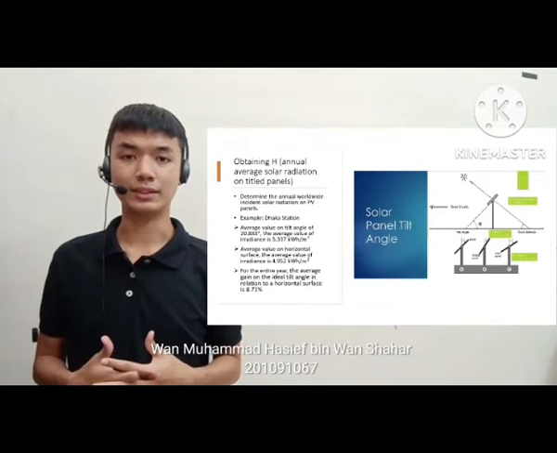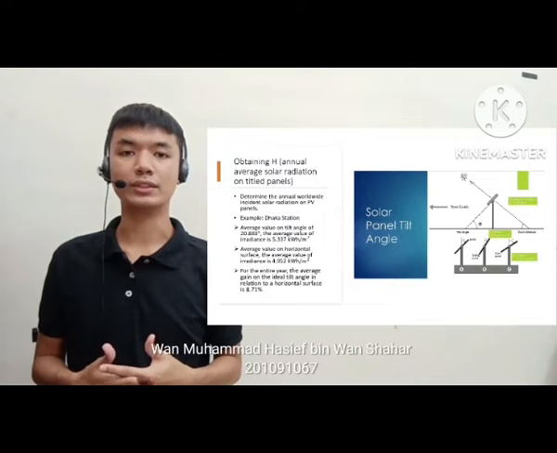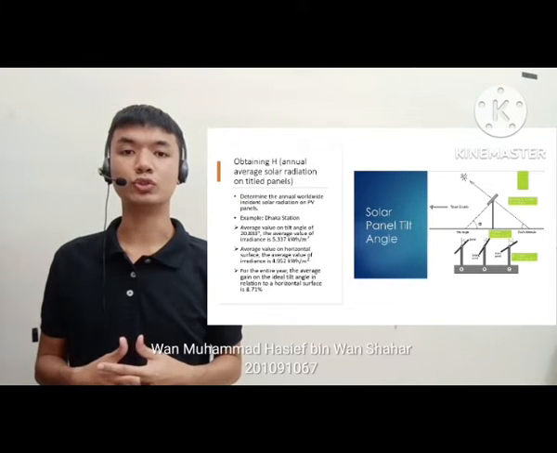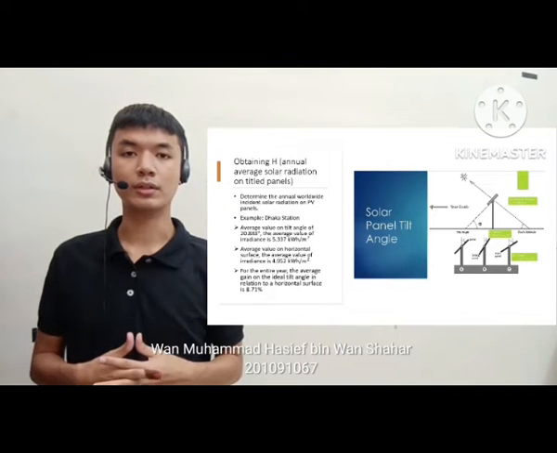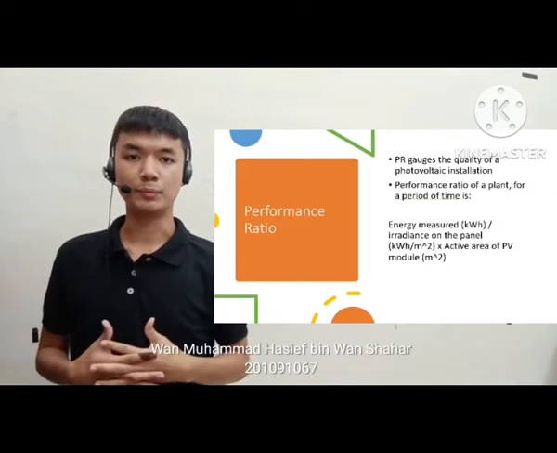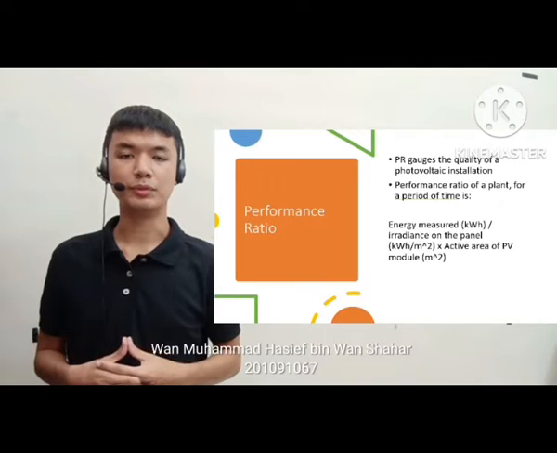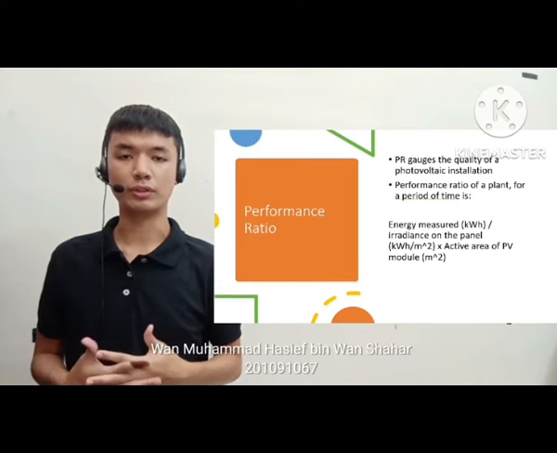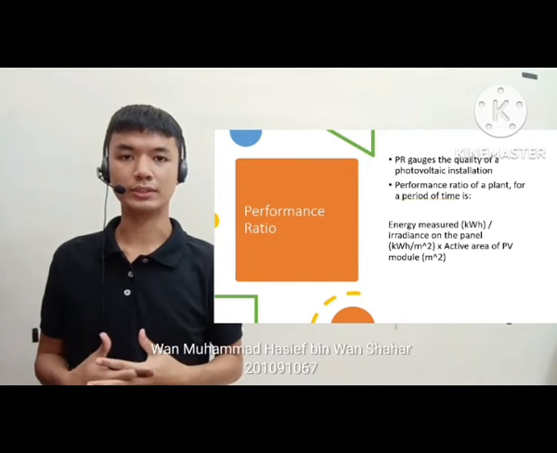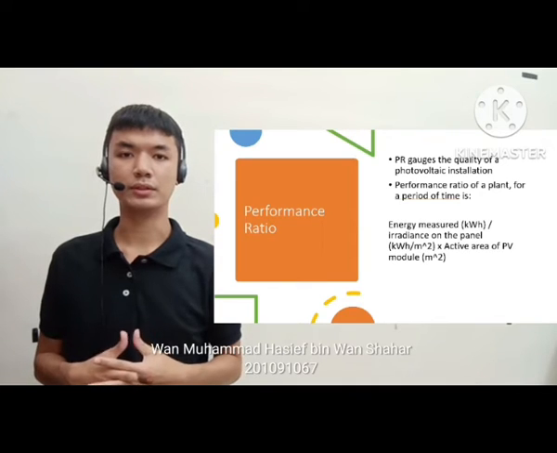Therefore, for the entire year, the average gain on the ideal tilt angle in relation to a horizontal surface is 8.71%, as it provides performance of the system regardless of the orientation or inclination of the panel.